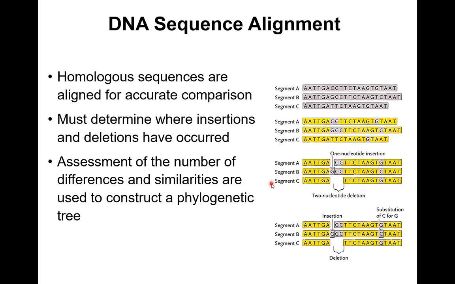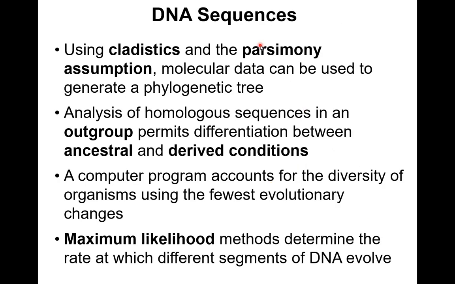Once that is done, this is all done by software, obviously. You don't do it by eye. The program takes into account all of these deletions, all the nucleotide changes, and so on, to figure out a percentage of similarity between different, in this case, DNA sequences, which will reflect the relationship and eventually the evolutionary distance between the different organisms.